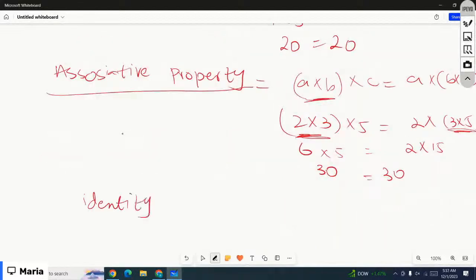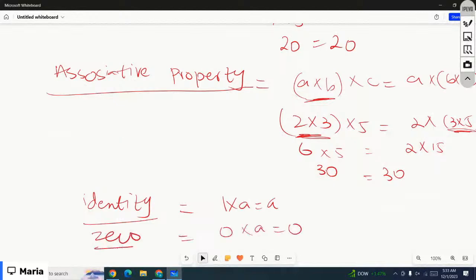Okay, the next one is the identity property. What is identity? Identity is 1. 1 times A is A. If you multiply 1 with any number, the number stays exactly the same, right? That is identity. Then you have the 0 property. The 0 property is 0 times A. Whatever the number is, the answer is always 0, right?